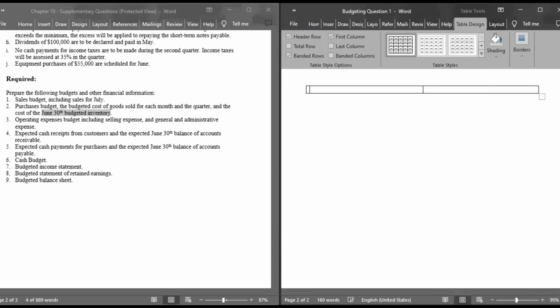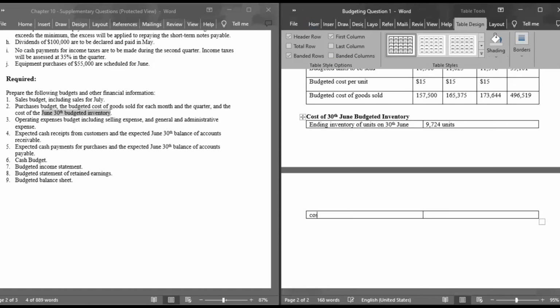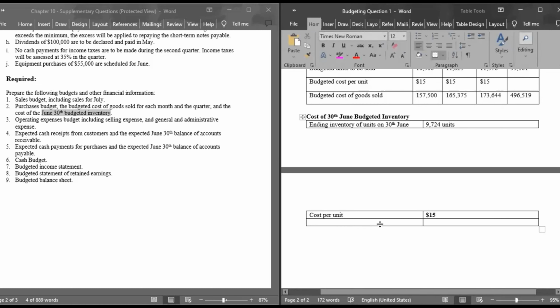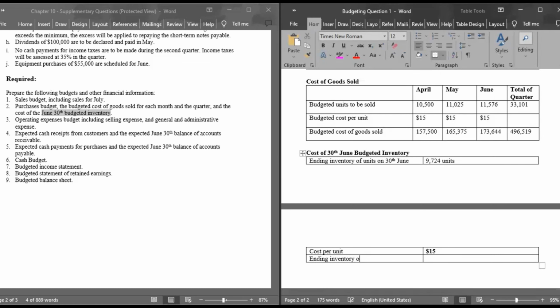And we will just multiply it with the cost per unit. So the cost per unit is same as we have used in our last two budgets, and it is 15. When we have cost of units, then this will be the ending inventory of 30th June.